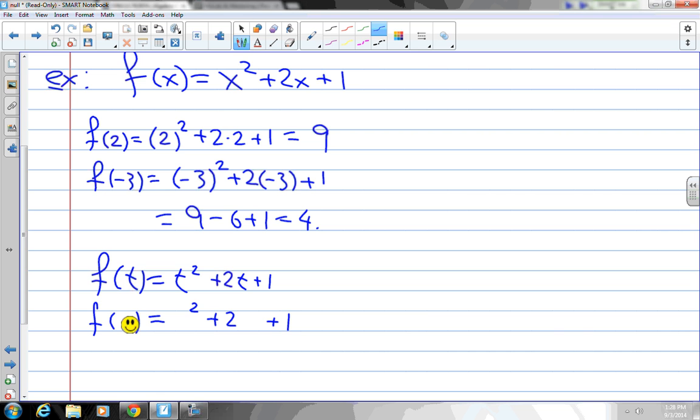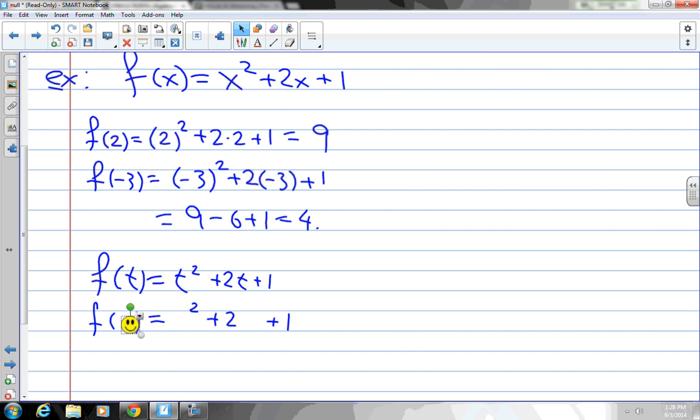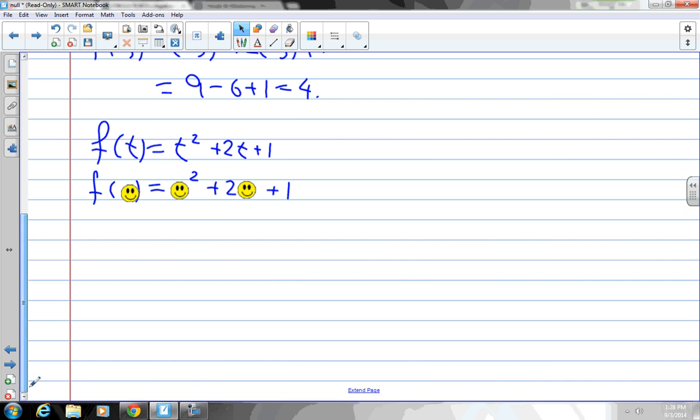Right. I just need to get creative with putting smileys in there. Here we go. Well, I can do that, right? That'd be a set. No, I always do a smiley face. But the idea is whatever lands in this parenthesis replaces the variable.